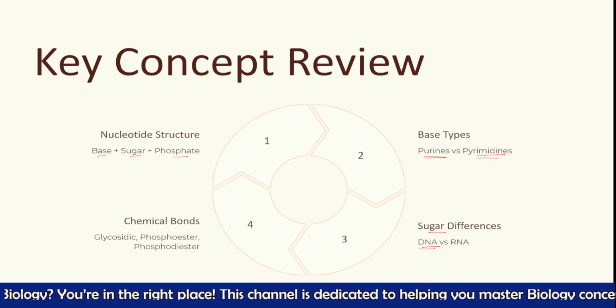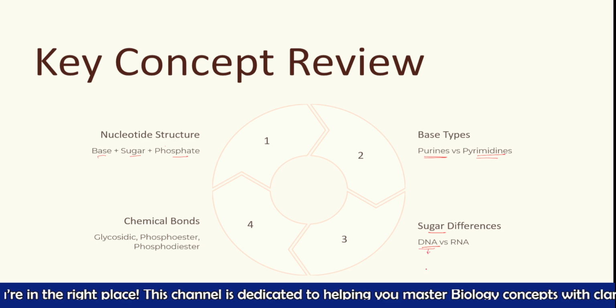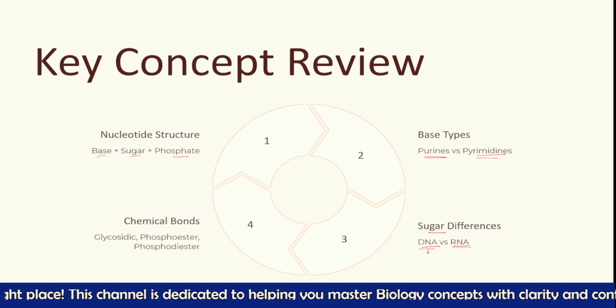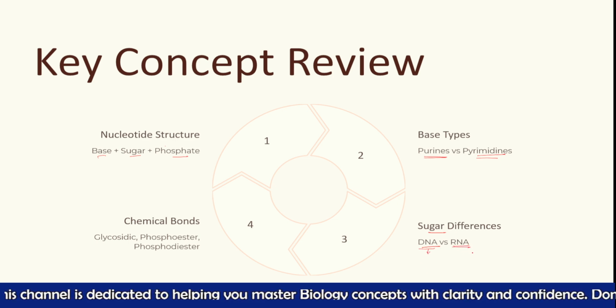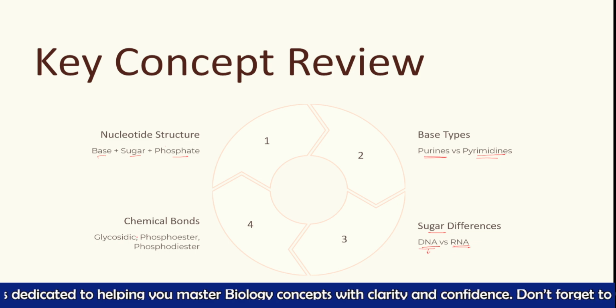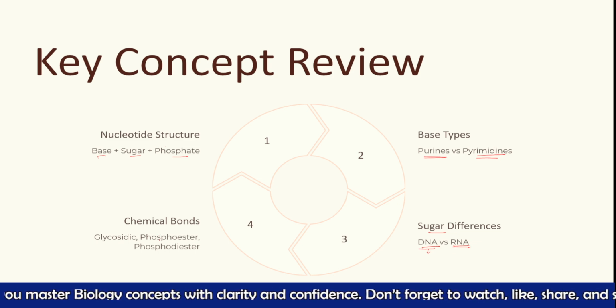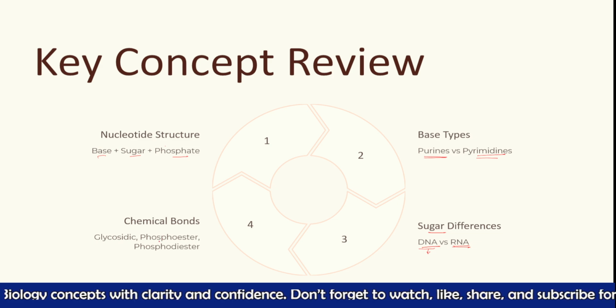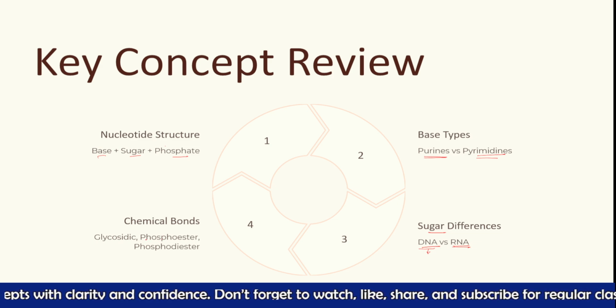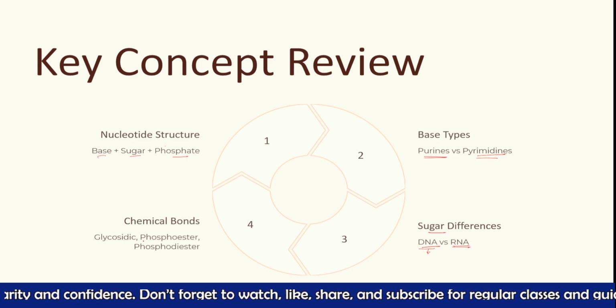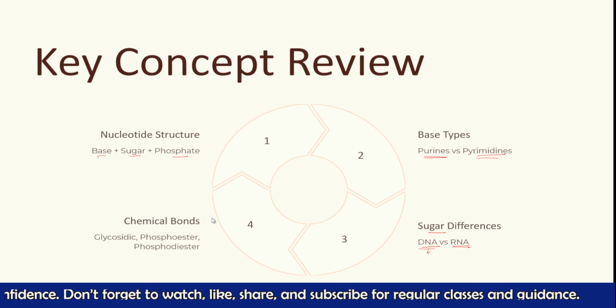In DNA, the sugar is deoxyribose, and in RNA, ribose sugar is there. Then we learned about the different chemical bonds present in nucleotides and the polynucleotide chain: glycosidic bond, phosphoester bond, and phosphodiester bond.